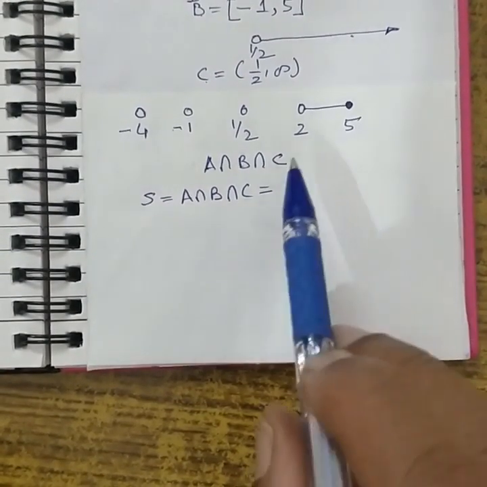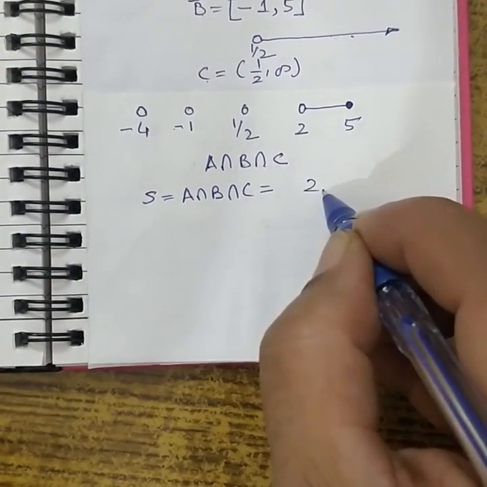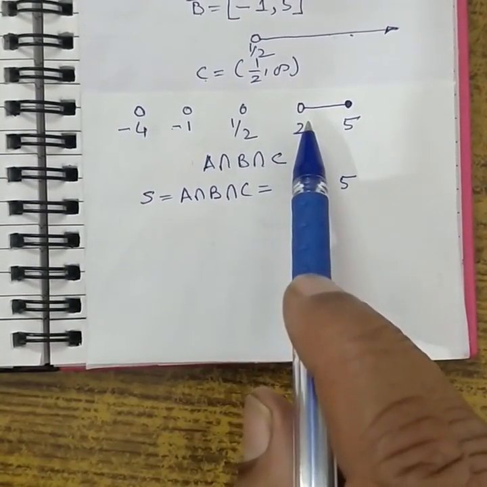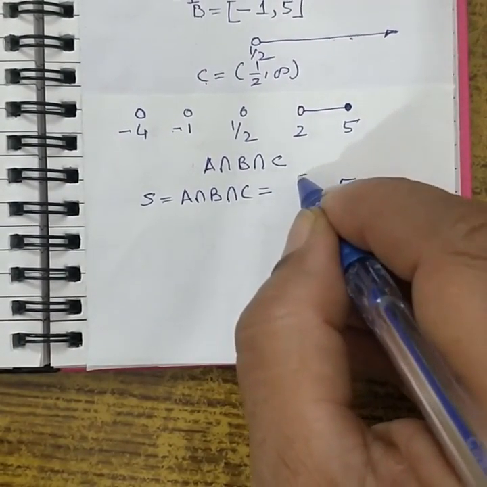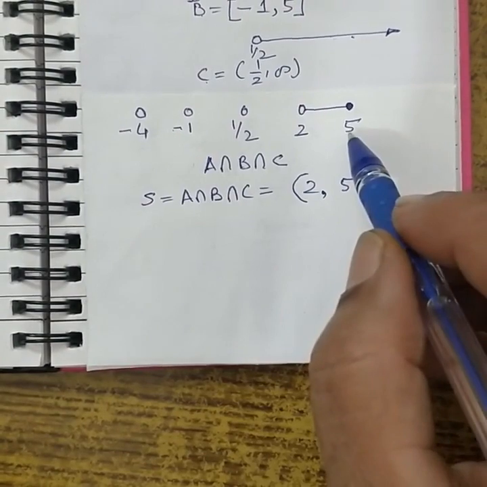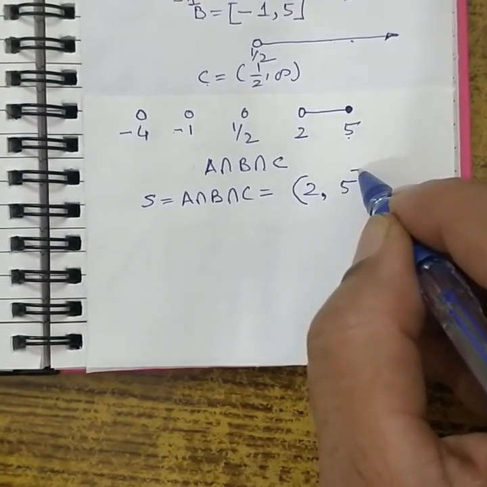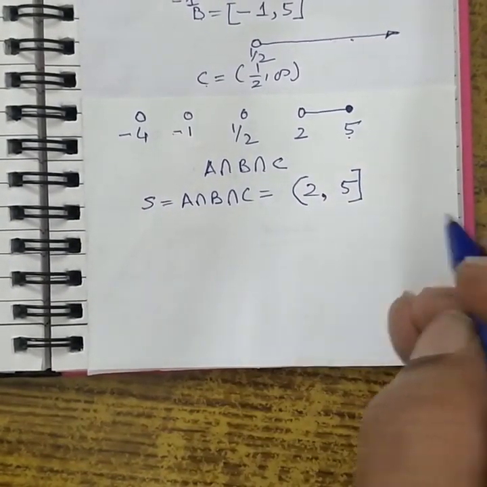The interval between 2 and 5 is the element of the intersection. 2 is not an element of the intersection. Hence, this end has been closed with a small bracket. 5 is an element of the intersection. Hence, this end has been closed with a square bracket. This is the solution to our given inequality.